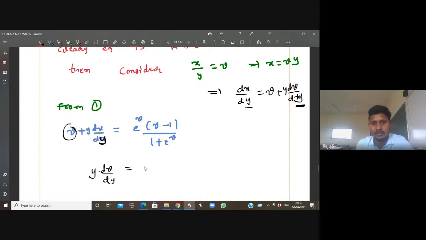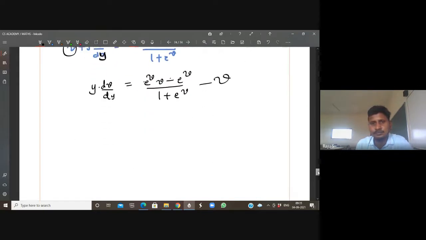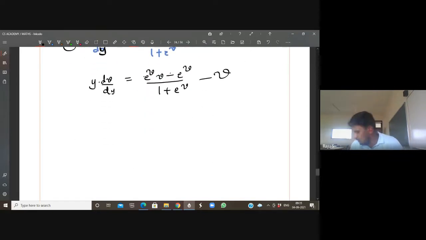Carefully, okay. So when I multiply, e power v into v minus e to the power of v by 1 plus e to the power of v, minus v. This plus v becomes minus v. Okay, all of you simplify this. Simplify and separate the v variable on one side, y variable on the other side.